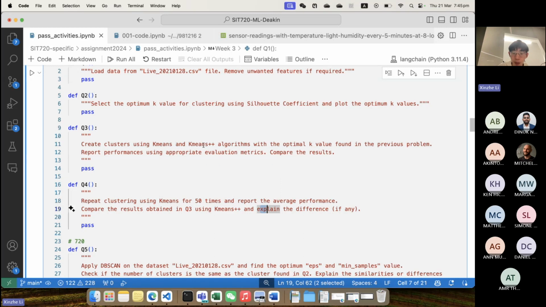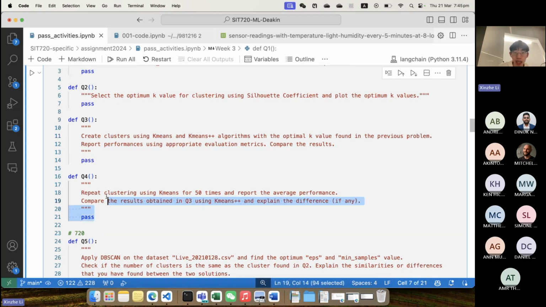But if you only run it once, maybe not by much, because the initialization phase is random. Sometimes because of this randomness, the difference is not too big. Sometimes even K-means will perform better than K-means++ because of this randomness. But if you run it 15 times or maybe 500 times, this randomness can be overcome. So that's why they let you run it 50 times.